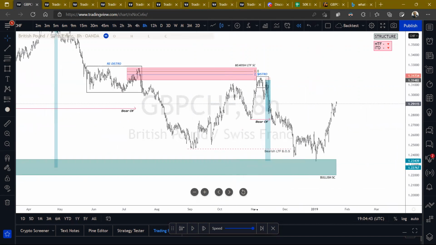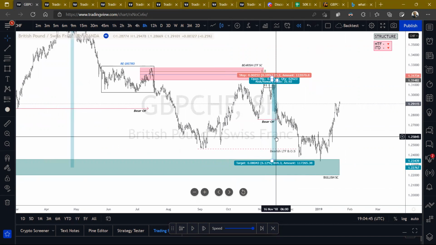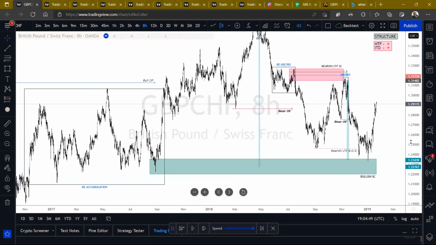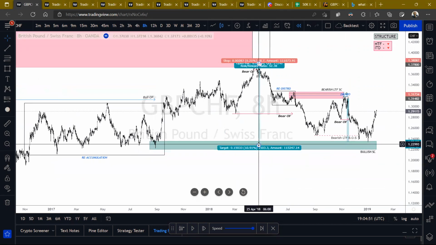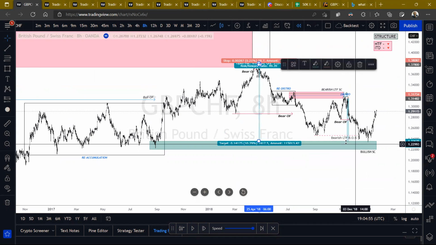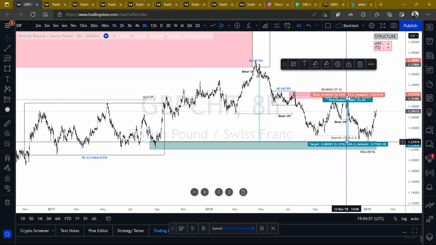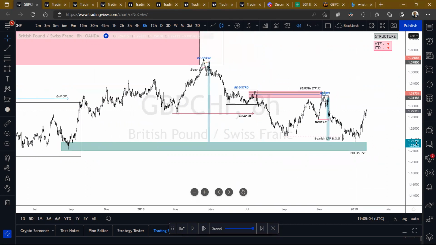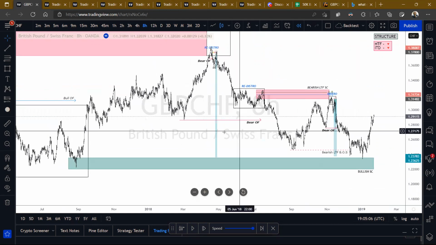So we're going to close this trade and this one as well. The open of this to the open of this. Okay, we'll close that trade and then call this part one and then we'll do part two.